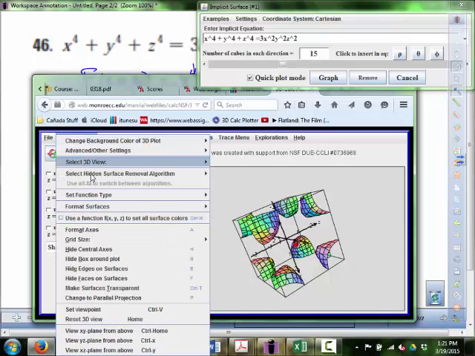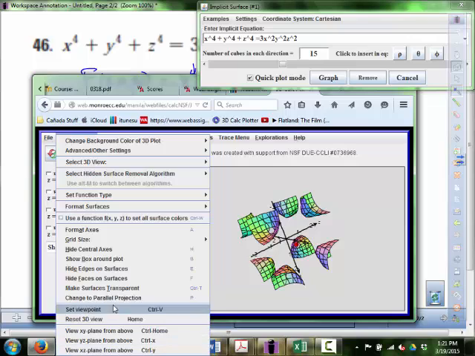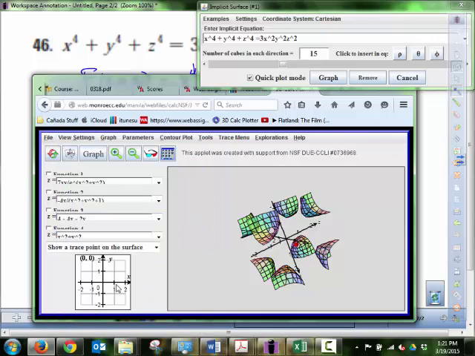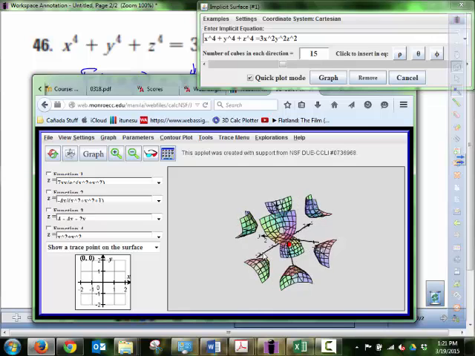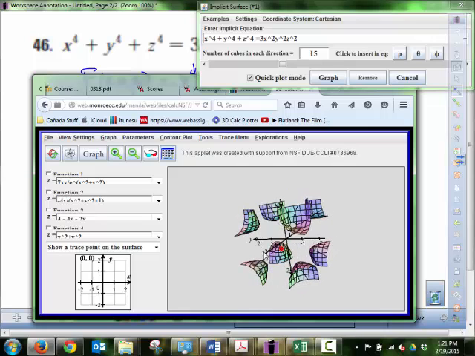Can we undo the box? Make surface transparent. No. Helped a little bit.